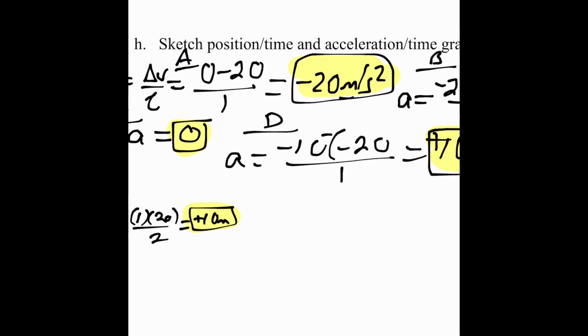For section B, again, base times height divided by 2, so the displacement, delta x, is going to be 1 second times negative 20 over 2, which would be negative 10 meters.